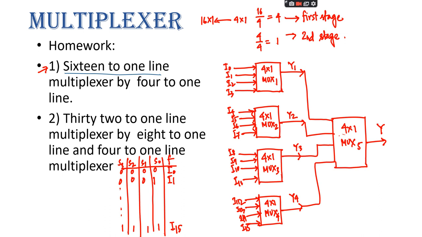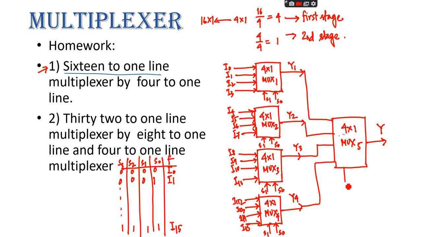Now you have two control inputs, so for each of these four multiplexers, the control inputs should be what? S1, S0, right? And here also the control inputs should be S1 and S0.